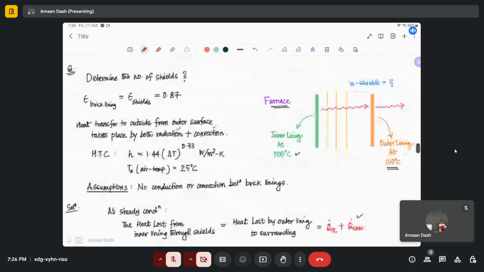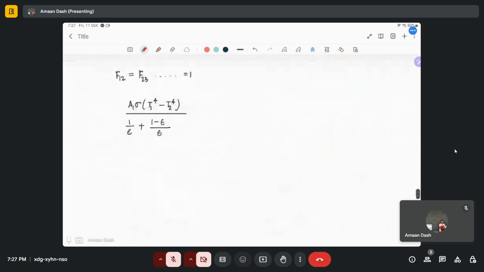Now, if you see, we have to modify this for n number of sheets that we have.